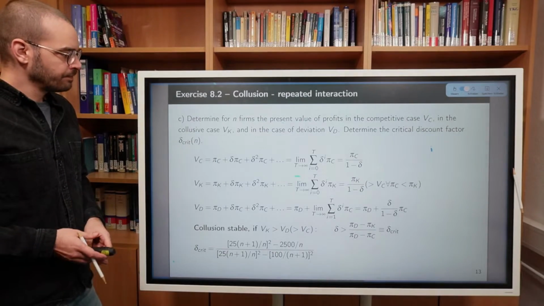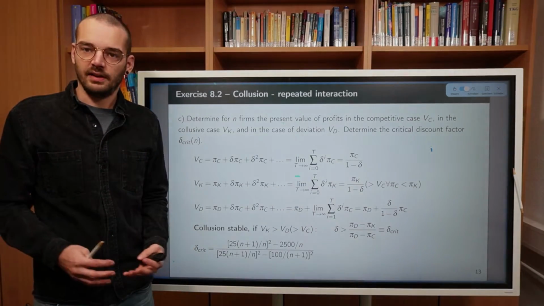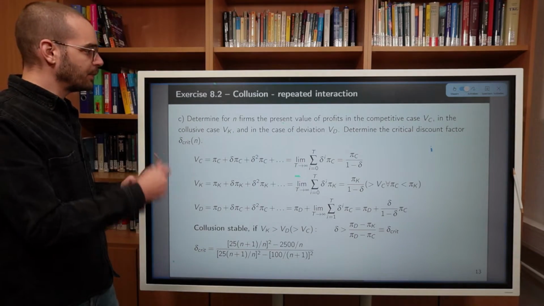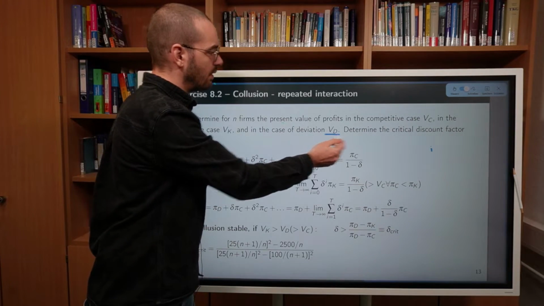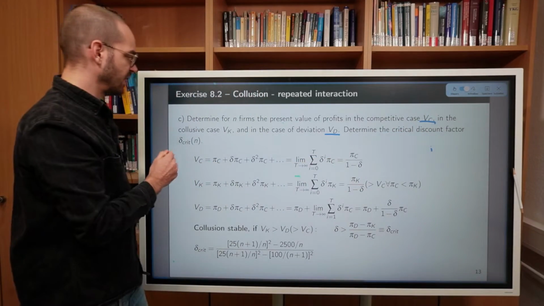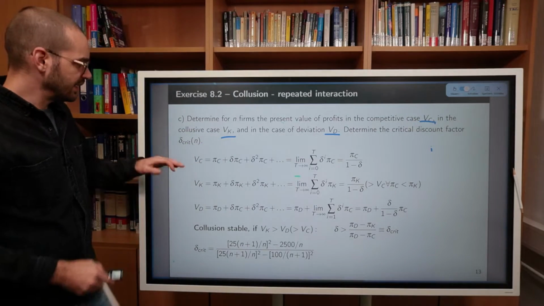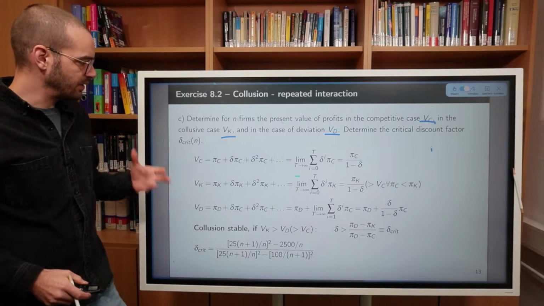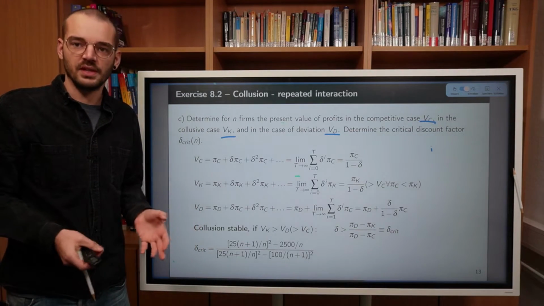All right, so we have already discussed present values, and if we want to define the present values of all of these scenarios, we can reapply what we already know. Let's start with the present value of sticking to competition.